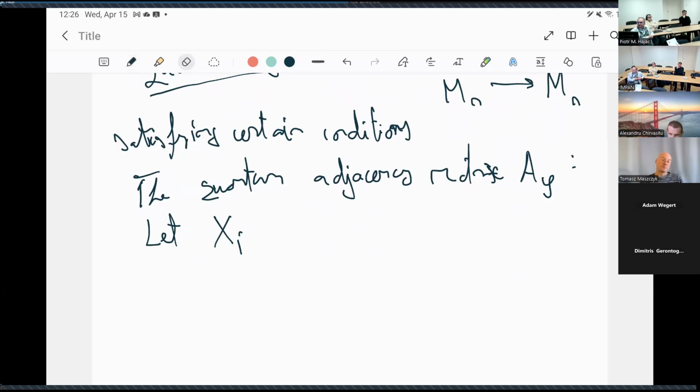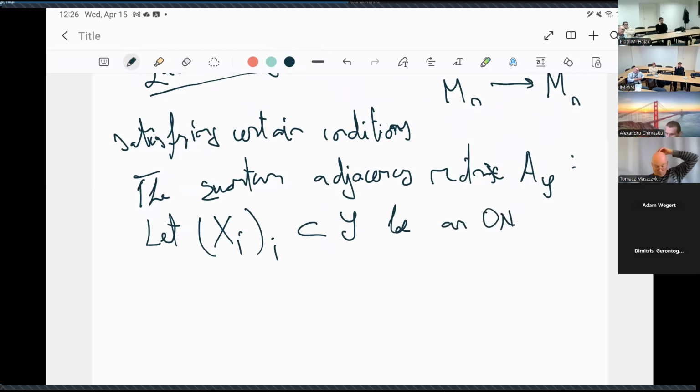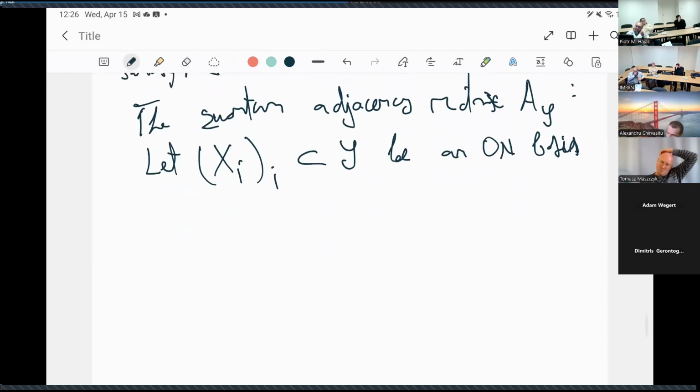It's a basis, so it's a whole suite of things. Not ordinal numbers. An orthonormal basis for S in the Hilbert-Schmidt inner product.